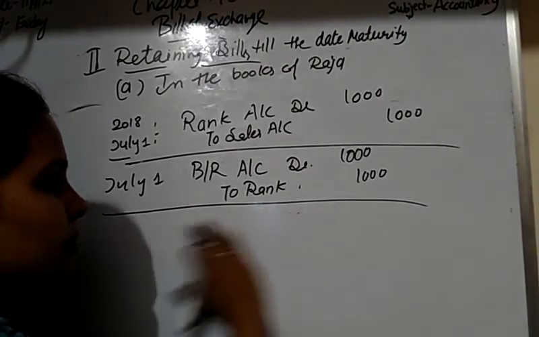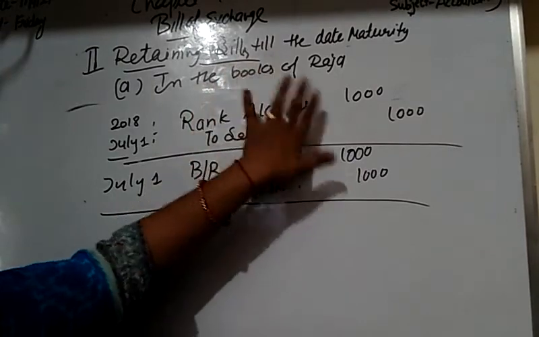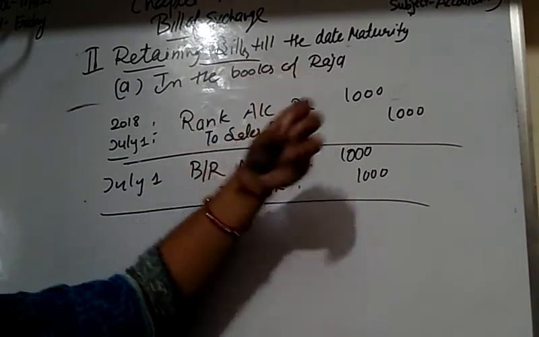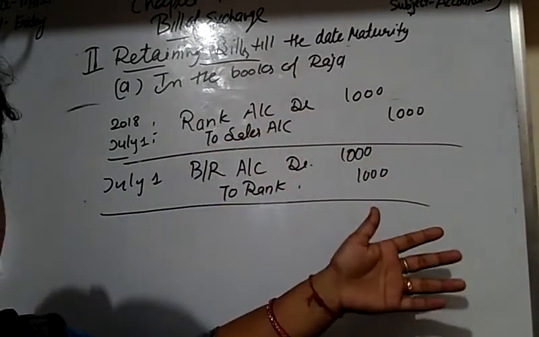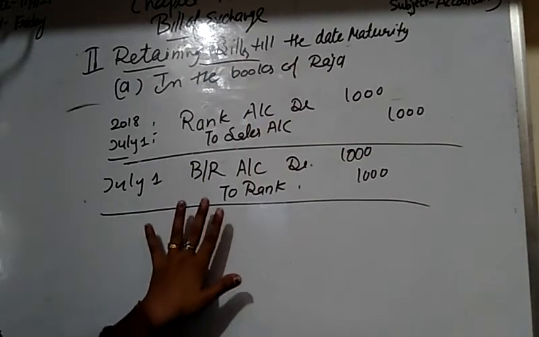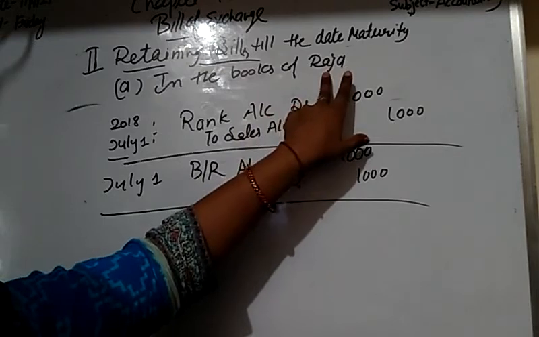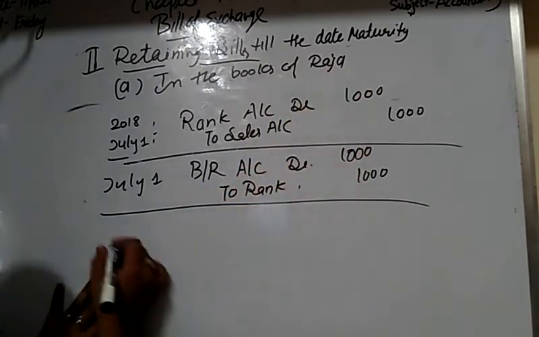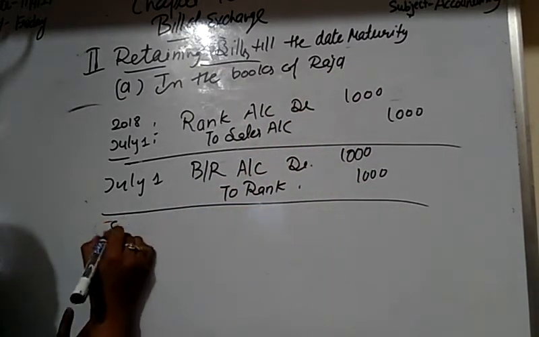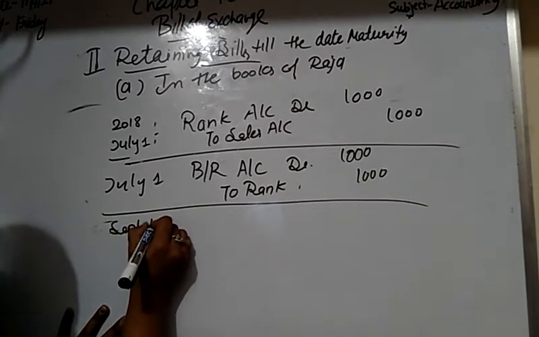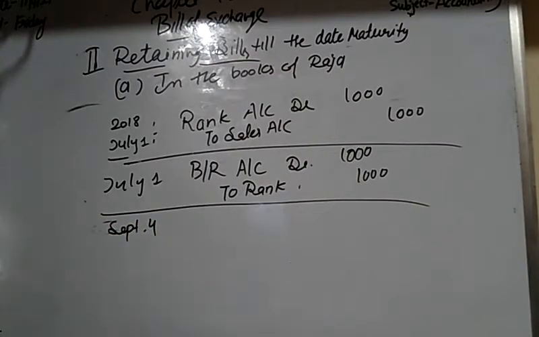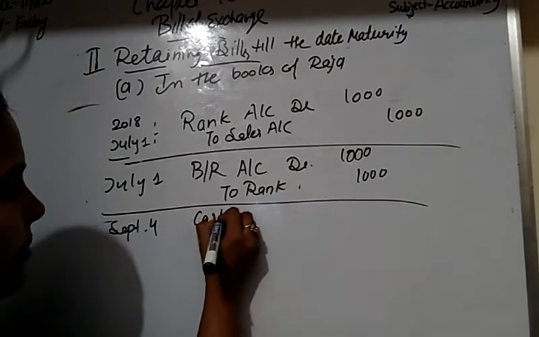On 4th September, the bill is retained by Raja himself. He does not give it to another person, he does not endorse it to another person. So when the bill is matured, Rank pays the amount directly to Raja, and the entry on September 4th is cash account debit.